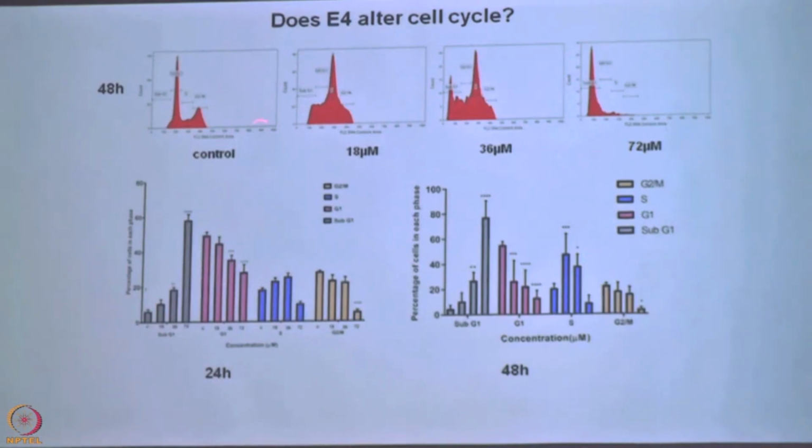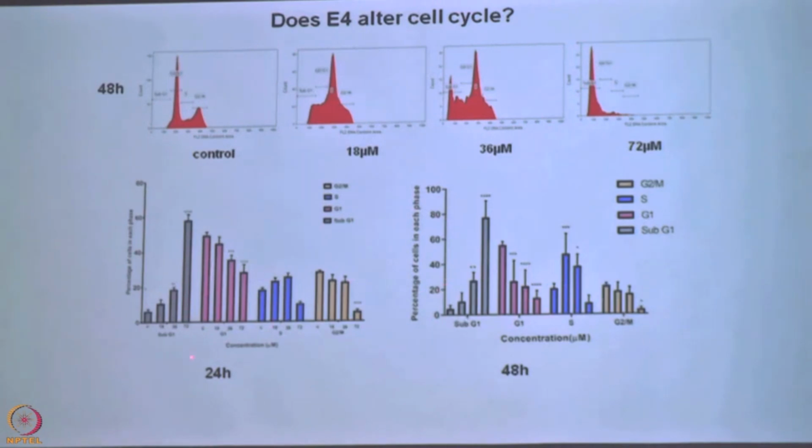Now, third, quickly look, does E4 alter the cell cycle? Here we found a little bit different and strange result. You see this sub-G1 population is getting very high with the concentration, dose dependency. That means you change the dose, IC50 is 18, and if you increase this dose, the sub-G1 population is getting very high.